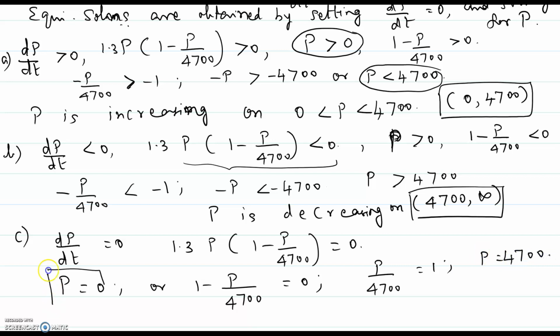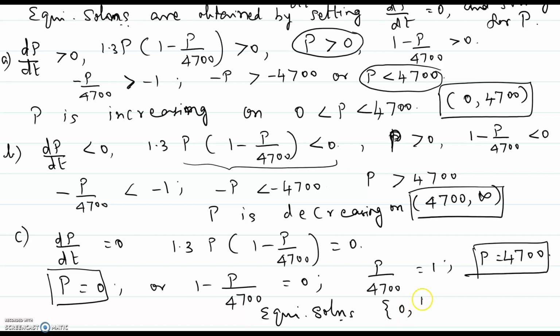So either P equals 0 or P equals 4700 are the equilibrium solutions. The equilibrium solutions are 0 and 4700. Hope this video helps.